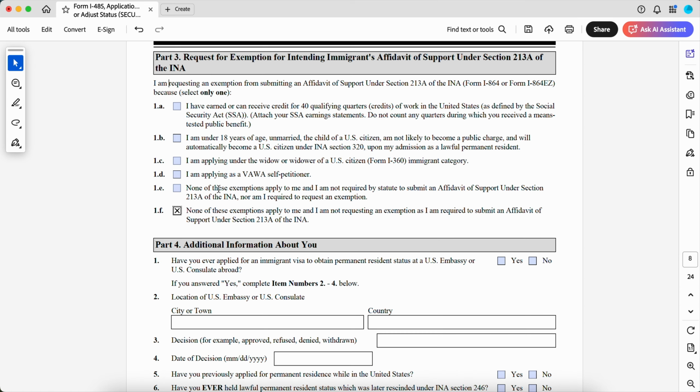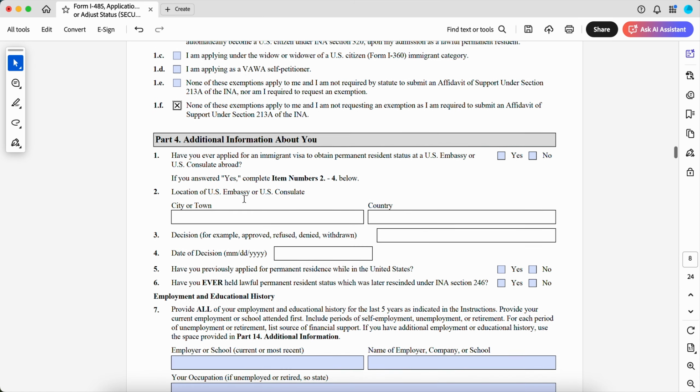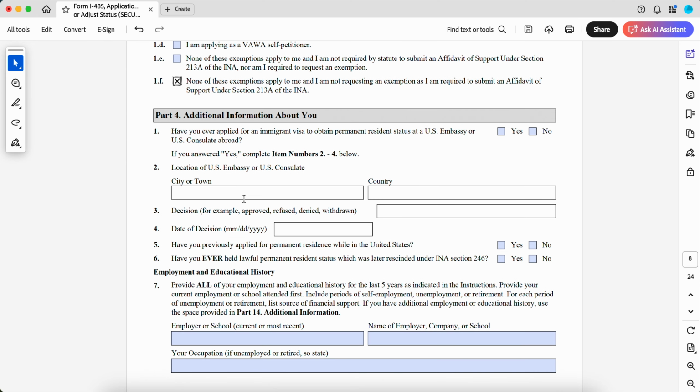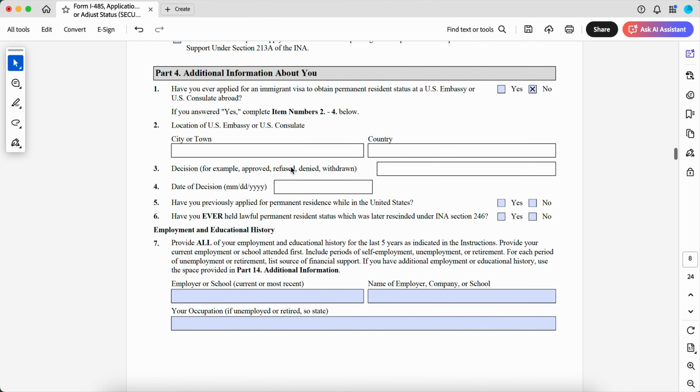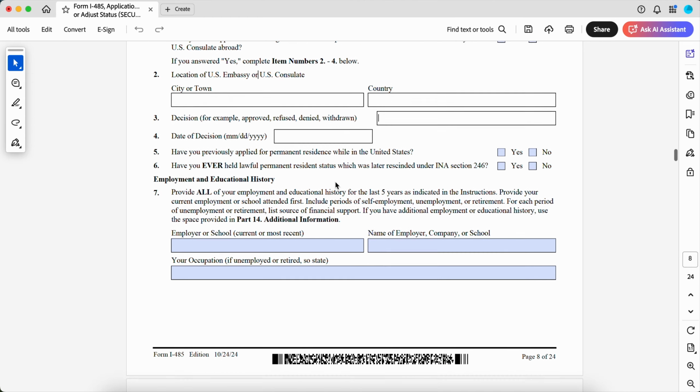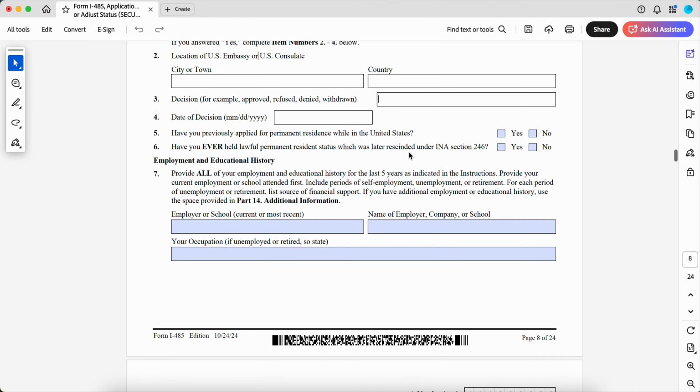I filled out the affidavit of support, so if you applied for the immigrant visa to obtain permanent residence status at a U.S. embassy or U.S. consulate abroad, no. If you did apply for an immigrant visa to obtain permanent residence status, you have to fill out where you did it, the city, the country, the decision, and all the information about this immigrant visa.